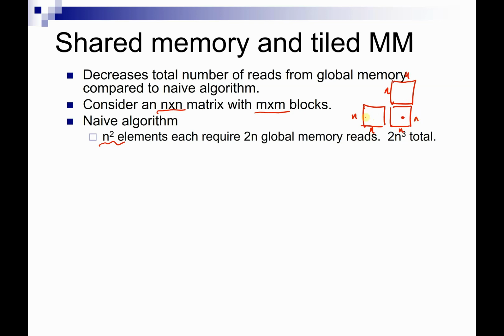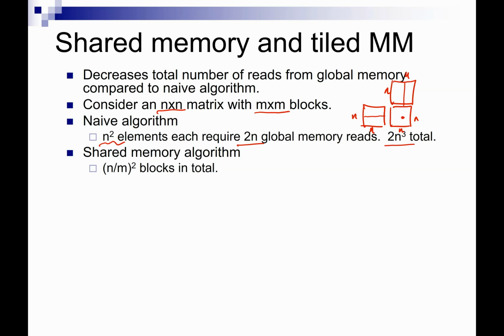So we have N squared of these output elements, and each one needs to read N values from capital M and N values from capital N. That is going to be 2N global memory accesses for each element of output if we use the naive algorithm. So that comes out to 2N cubed global memory accesses.